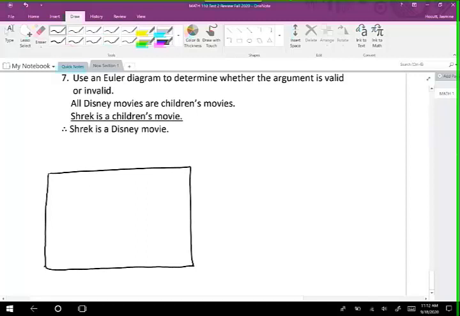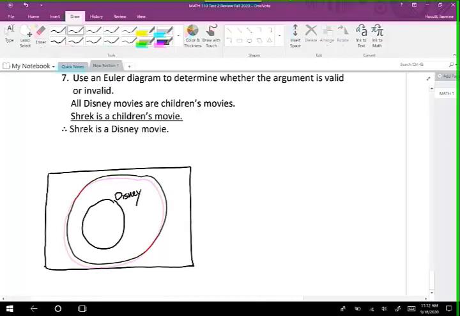So the first sentence is that all Disney movies are children's movies. So again, we're assuming that these hypotheses are true. That might be arguably false at this point. I don't know. I can't even keep track of all of Disney's movies at this point. But we're going to assume that all Disney movies, so here's Disney, are children's movies. So the Disney movies are a subset of all children's movies.